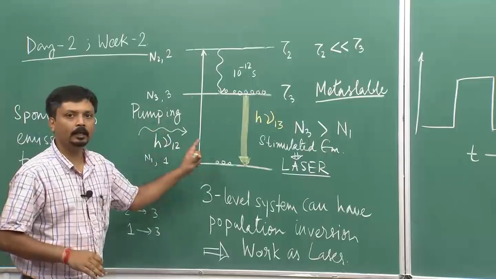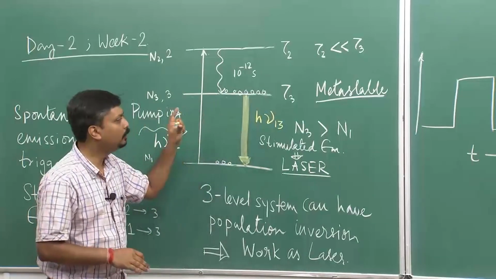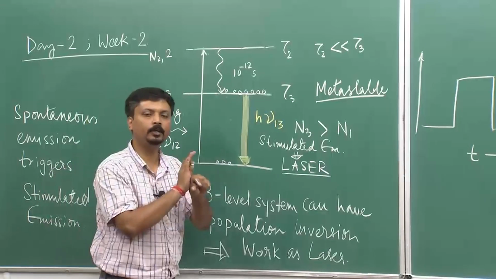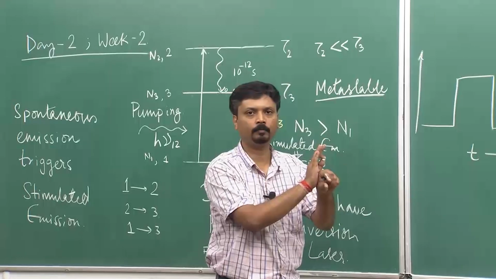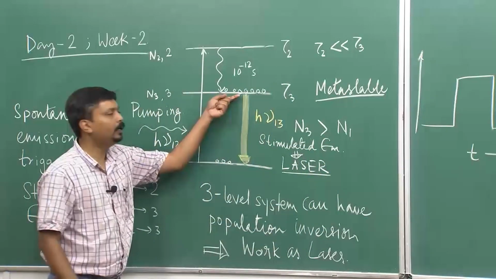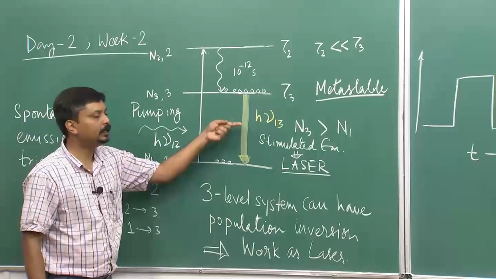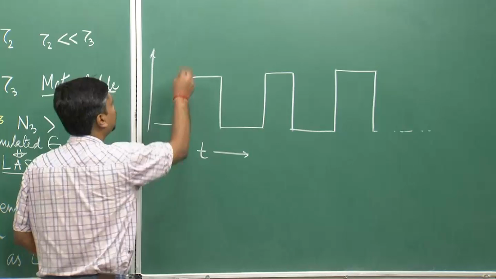By the design, it works in such a way that it cannot give a continuous flow of photons or continuous output of photons, but it gives a burst of photons which is known as a pulse.